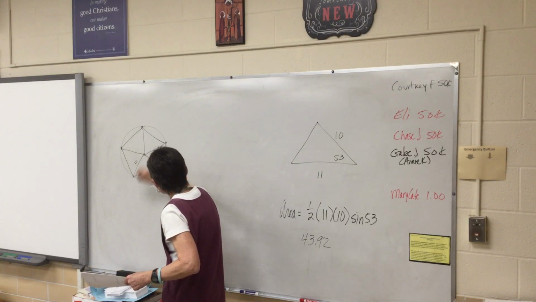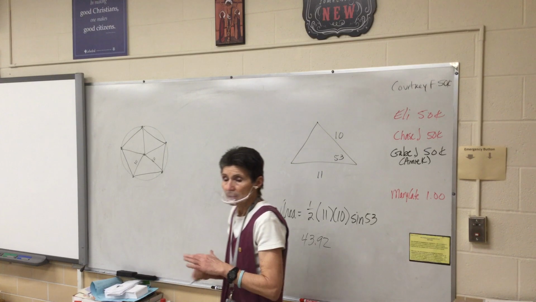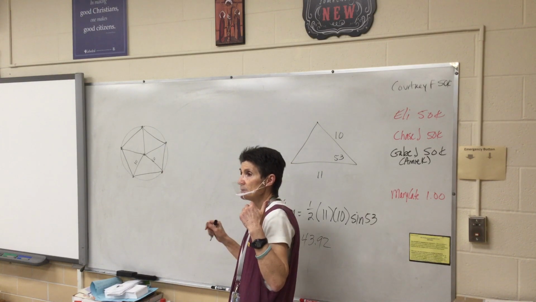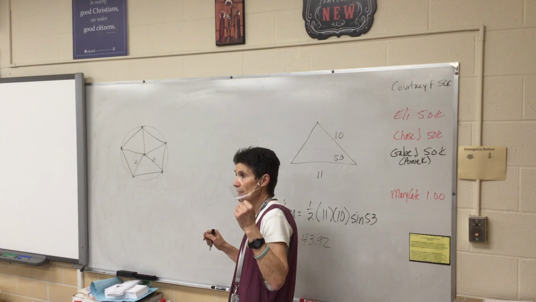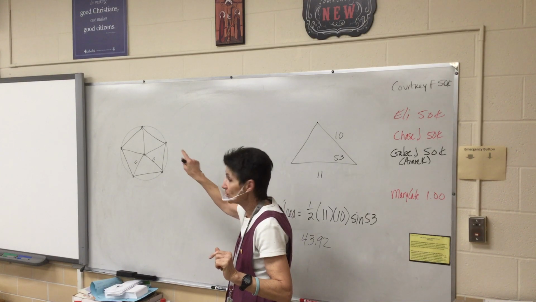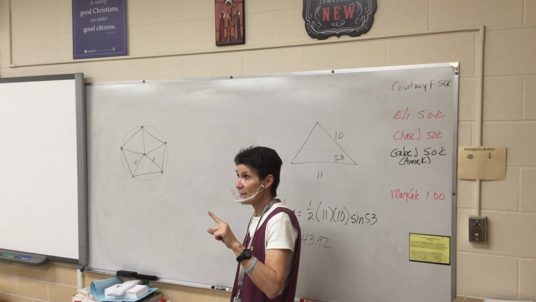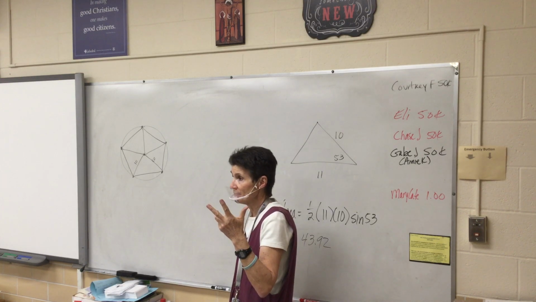These are all 10s. Then we're going to find the area of a triangle, because there are 5 congruent triangles up there, so we'll find the area of one of them, and then times it by 5.